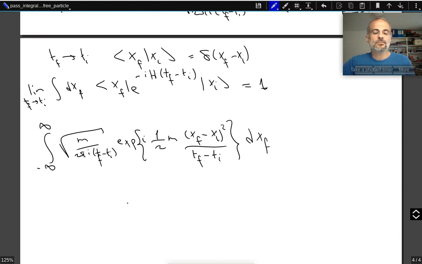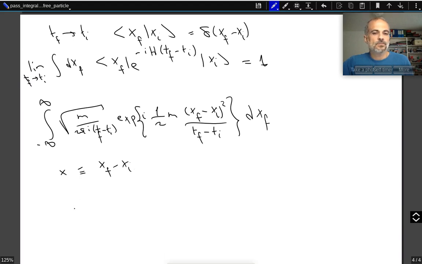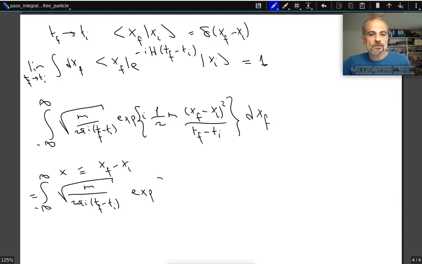Let me just make a simple change of variable. Let me call x as xf minus xi. So my integral just becomes from minus infinity to infinity square root of m over 2 pi I tf minus ti, exponent of minus x squared times minus I m over 2 tf minus ti.